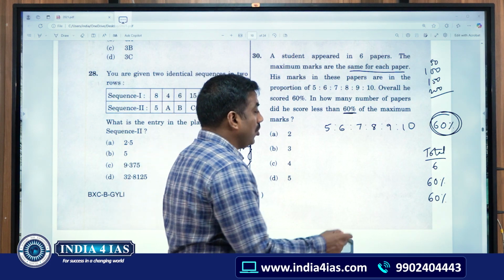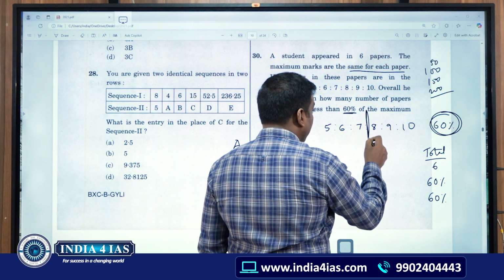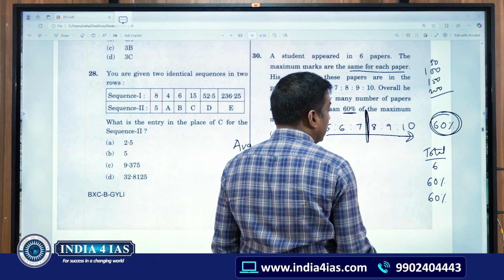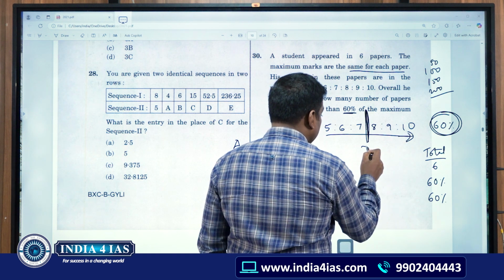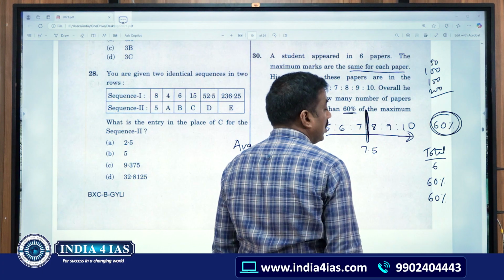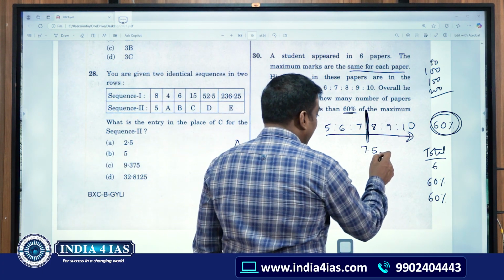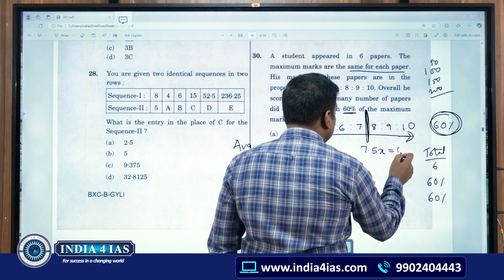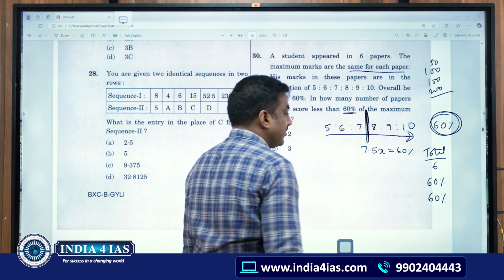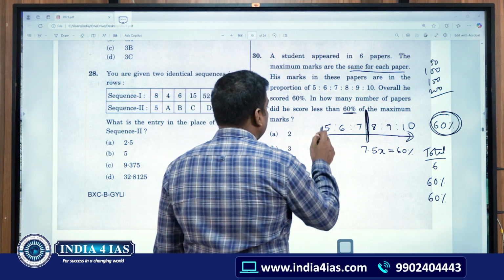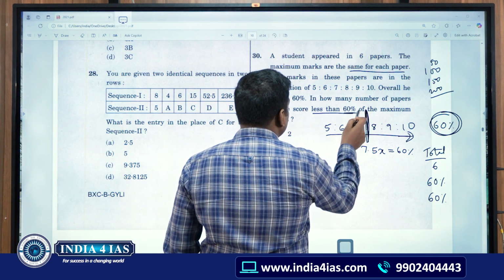If you look, the average will come between these two because they are in arithmetic progression, and the average will be 7.5x. So 7.5x will be equal to 60%. In this case they are asking in how many subjects he scored less than 60%.